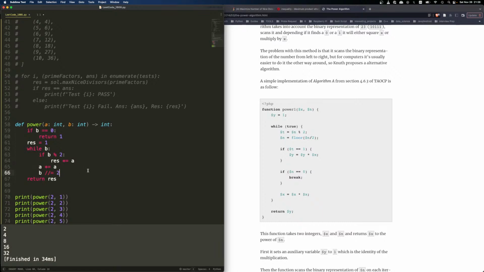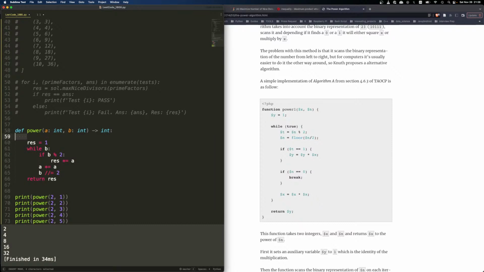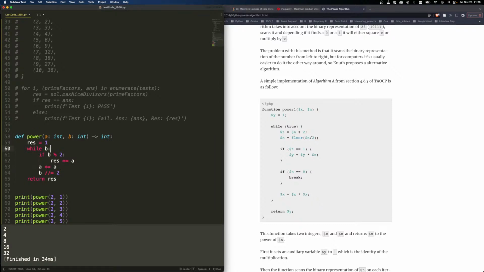Okay, let's analyze it again. B is 0. And this one. No, I don't need this one. If it's then I just multiply by this. That's right. But every single time I'll multiply.